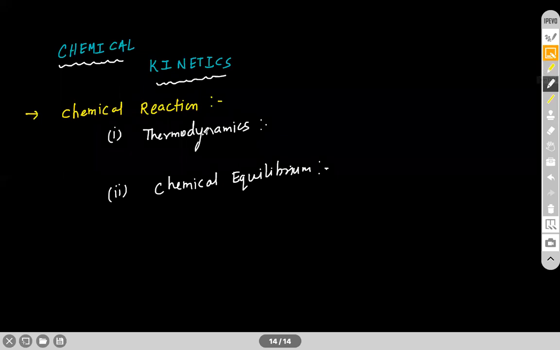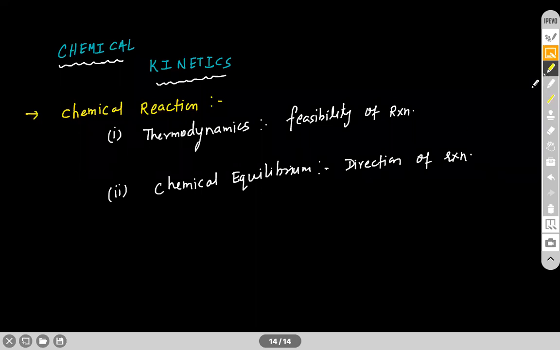In thermodynamics, we have studied about the feasibility of a reaction. Feasibility means whether, under a given set of conditions, the reaction is possible or not. In chemical equilibrium, we have discussed the direction of the reaction, which means in which direction the reaction proceeds, whether forward or backward.